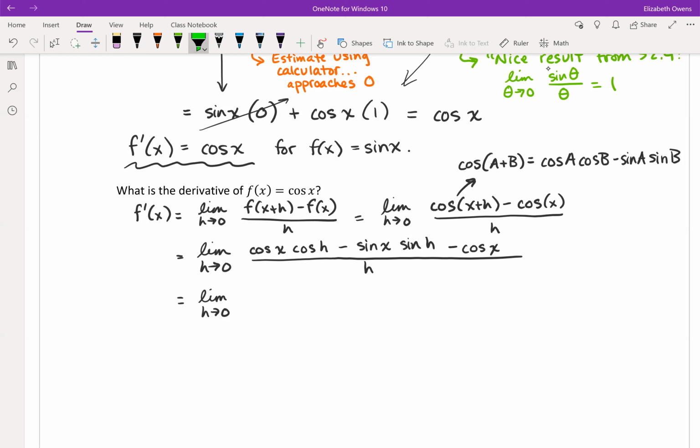The common factor is cosine x right here and right there. And so let's put those two together: cosine x times cosine of h minus 1, minus sine x times sine h, over h.